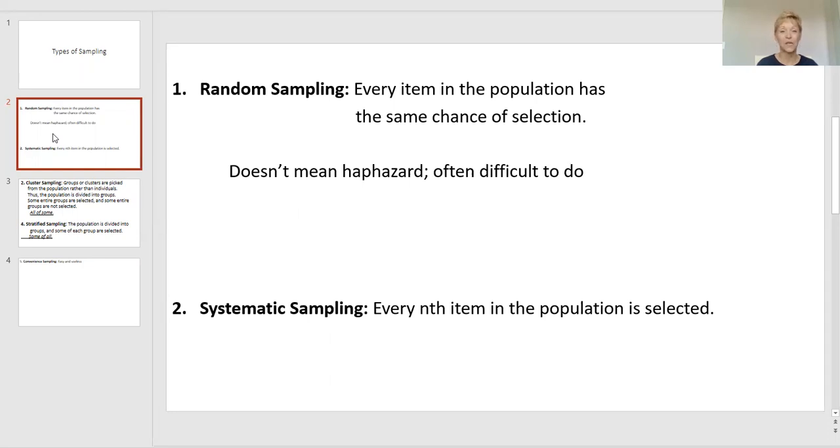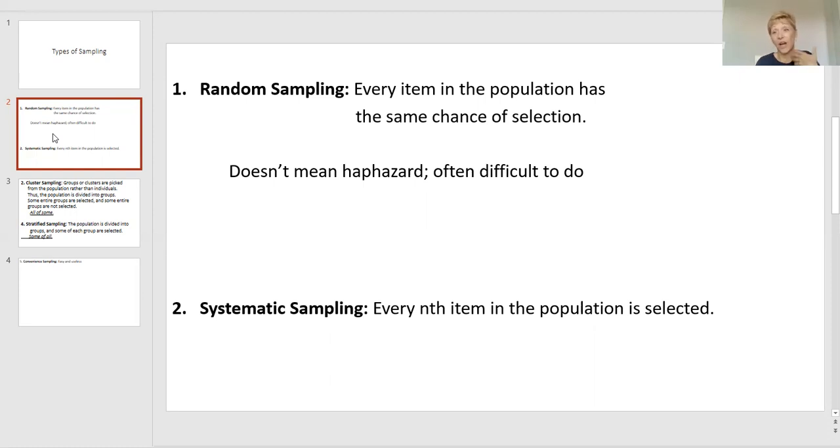Now, systematic sampling is, and let me go back to this for a second. With random sampling, let's pare it down a little bit so it's easier to think about. Suppose I live in Clinton, Mississippi, and I just want to predict who's going to be the next mayor of Clinton. I could get a list of every registered voter in Clinton. That is public knowledge.